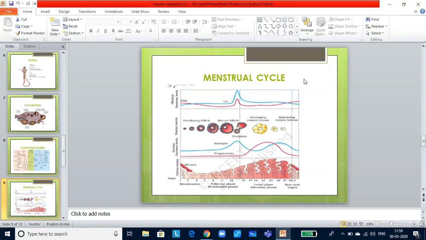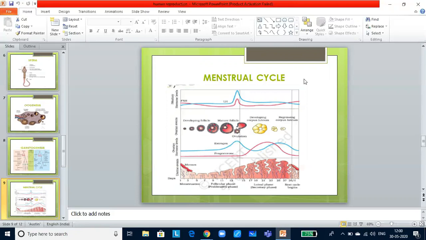See, there is no hard and fast rule that this is the age. Generally, now because of the changes in the life cycle and our food habits, the menarche, that is the initiation of the menstrual cycle, has started earlier in young girls, and we see girls as early as the age of 9 or 10 attain puberty.